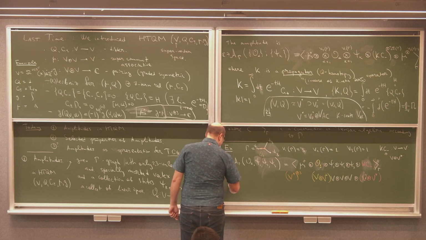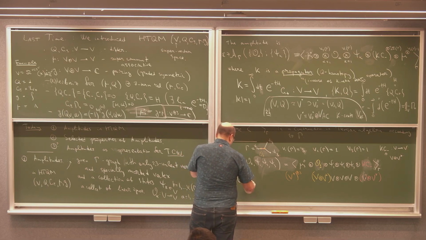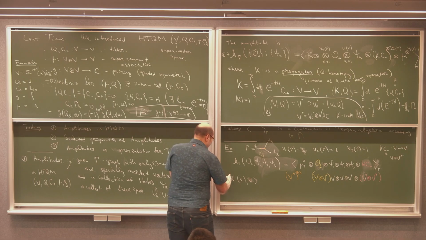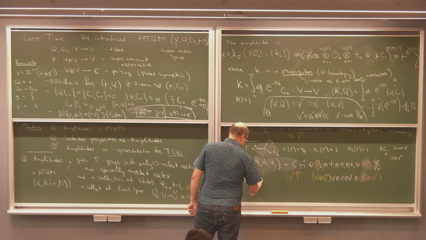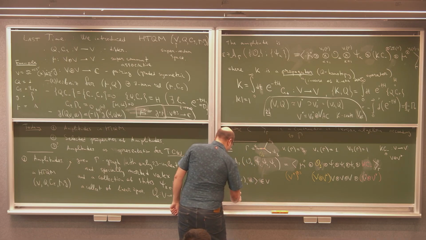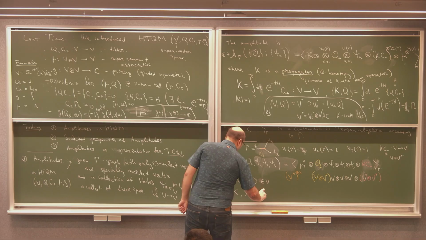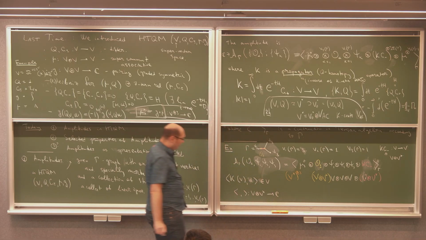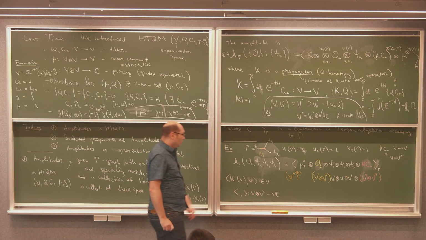If I have K of V, I can contract it with a one form. The brackets denote the canonical contraction between V and V star, which is just evaluating the one form on a vector V.